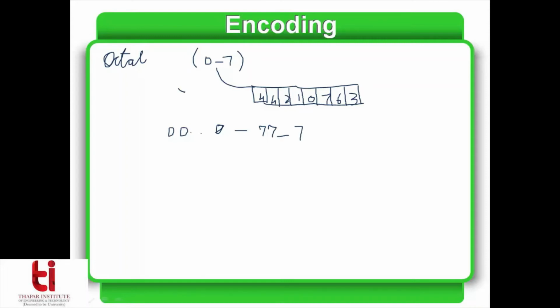So this is the range I can represent, and my decoded value in this case is a summation varying from 0 to n minus 1, a power of 8, into the string which we are considering. Okay, so this is about octal encoding.